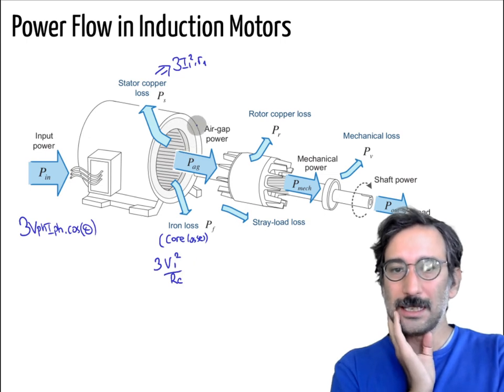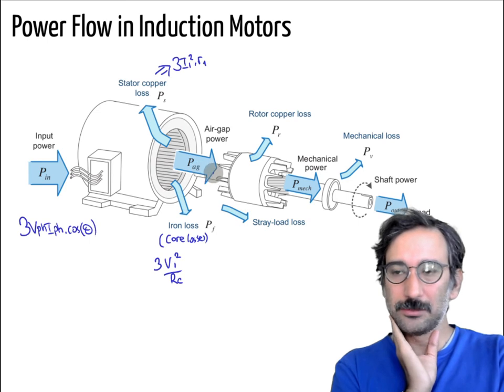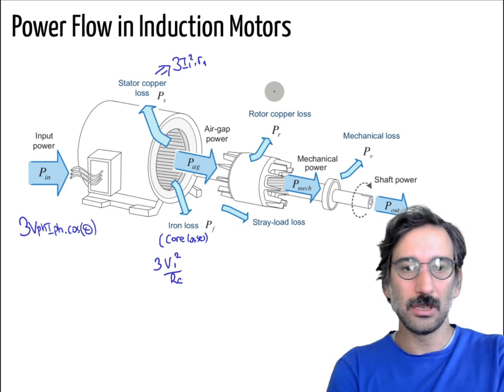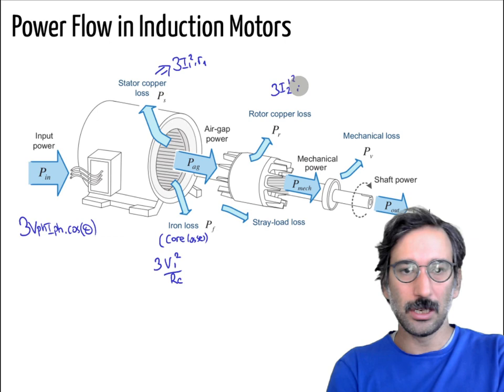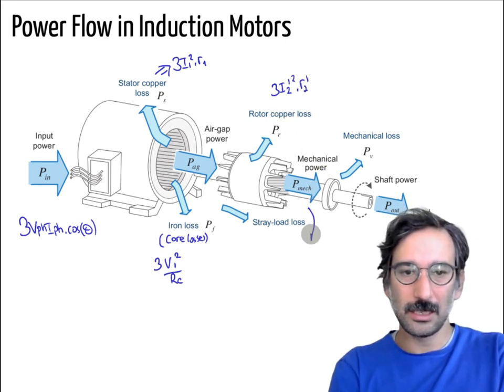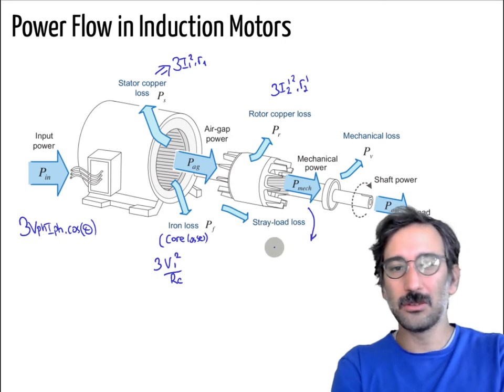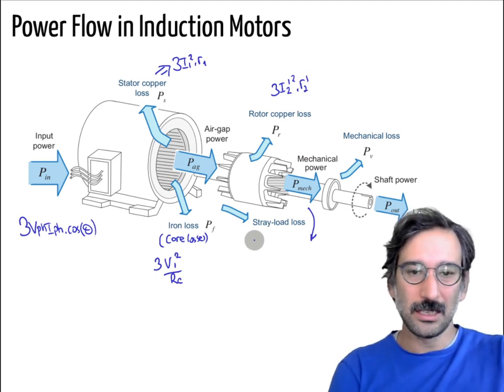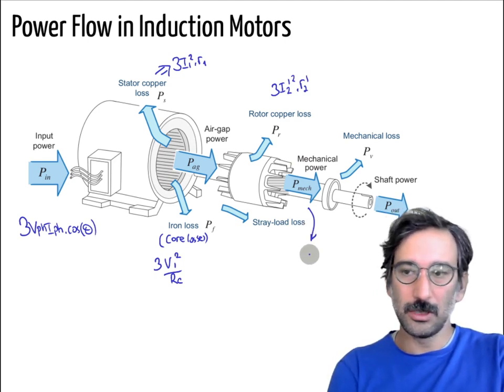After we subtract these two, we get the air gap power. Then we have the rotor copper loss, represented as 3 I2 prime squared times R2 prime. There are also stray load losses, like eddy currents and other external effects, but you can ignore those for this course.